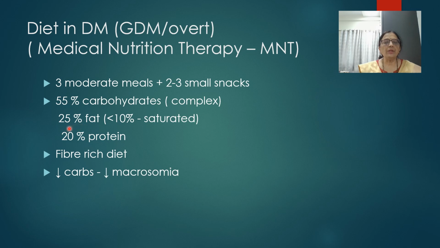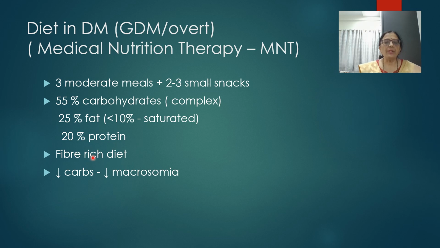Fat intake should be up to 25% and saturated fat should be less than 10%. Again, saturated fat is oil, whatever oil we are ingesting, it should be less than 10%. Protein intake needs to be increased in pregnancy as such as well as in diabetic women, and it should be 20 to 25%.